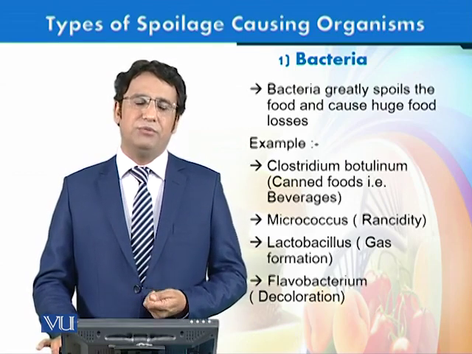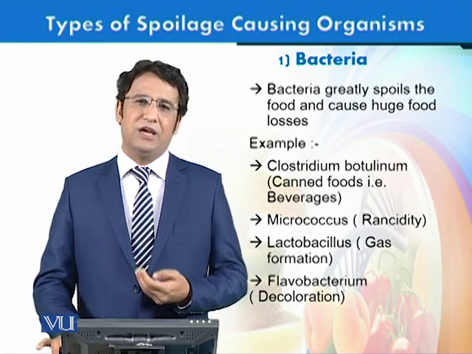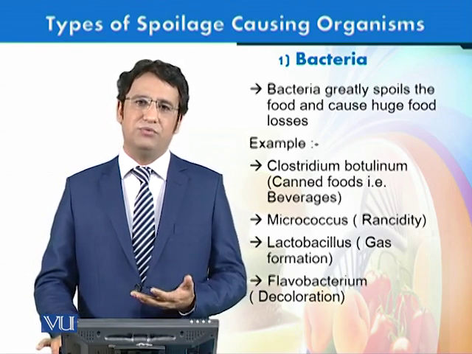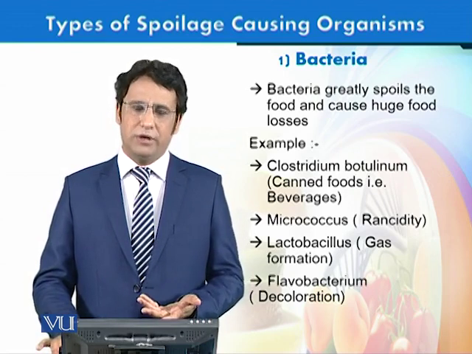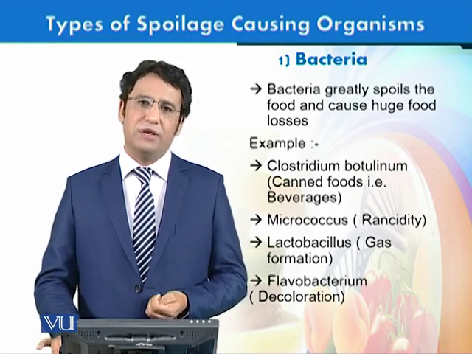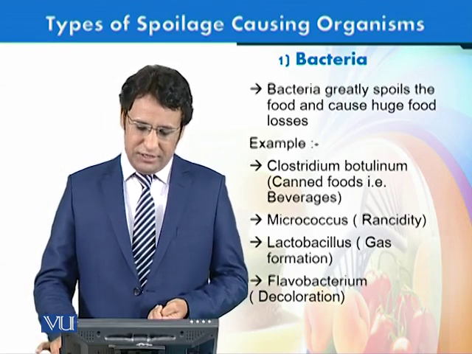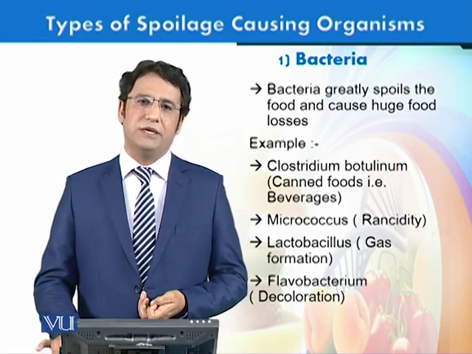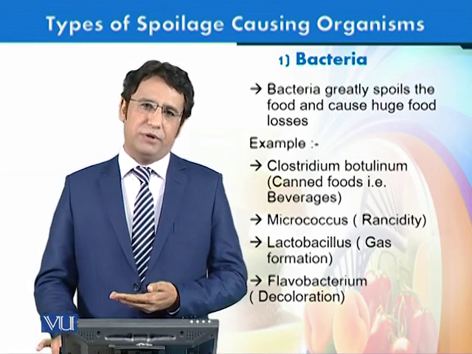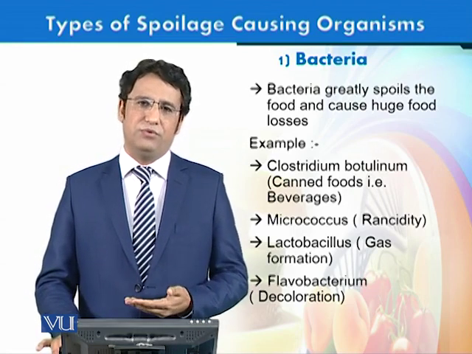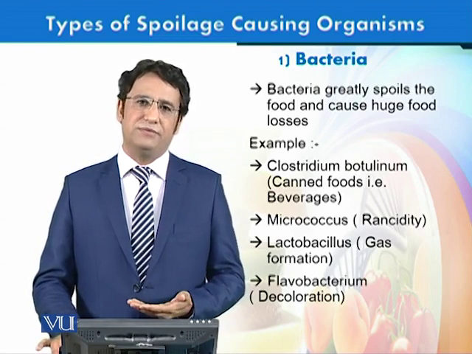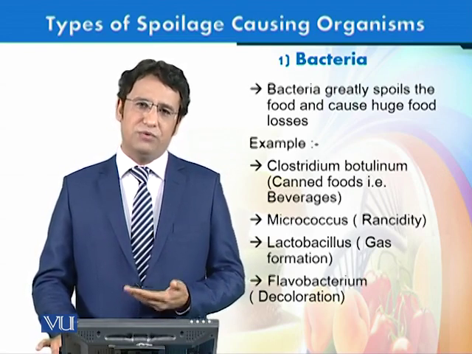So that would produce gases, and that would have undesirable flavors, and they would affect the quality of food in a way that it becomes spoiled, and it would be unacceptable. Similarly, Flavobacterium is another class of bacteria that changes the color of food, makes it decolored. So that again is a factor that would make our food unacceptable.